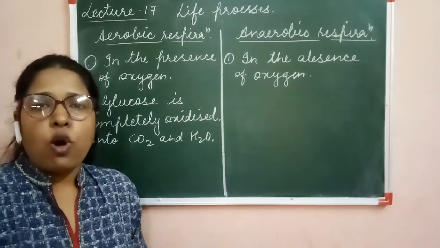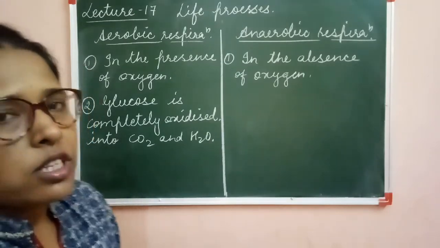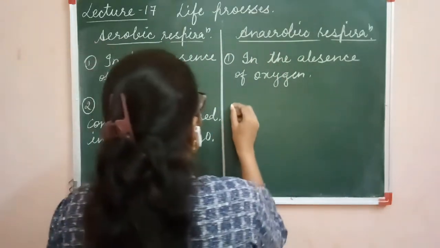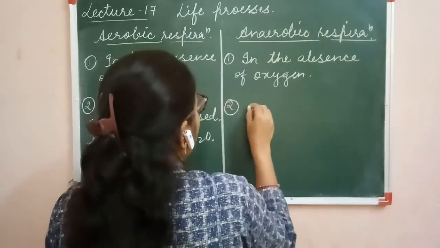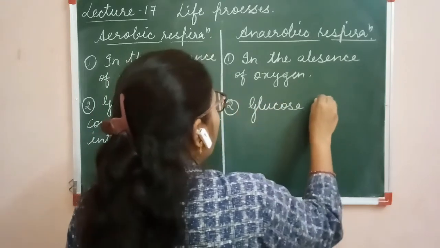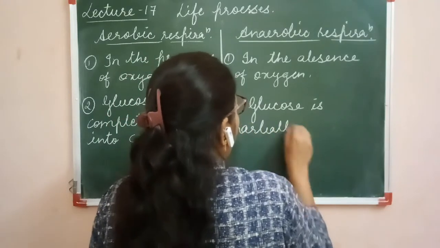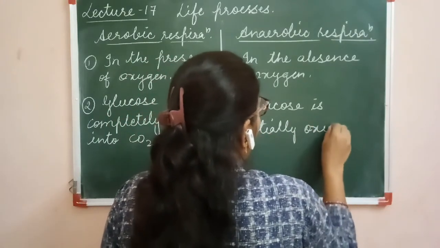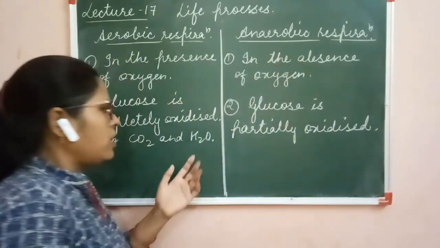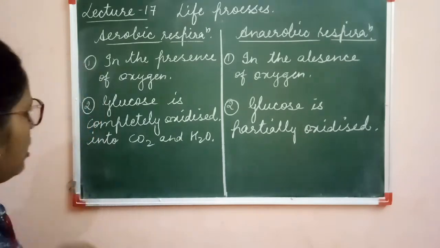In case of anaerobic respiration, the partial oxidation of food takes place. So here the glucose is partially oxidized. Clear? The product is again carbon dioxide, and a small amount of energy is there.